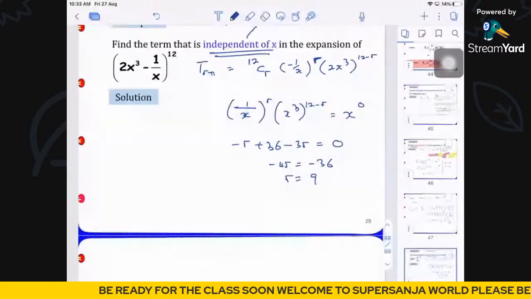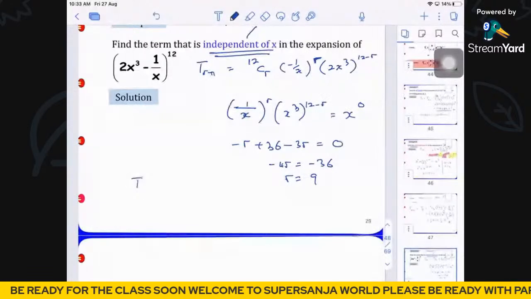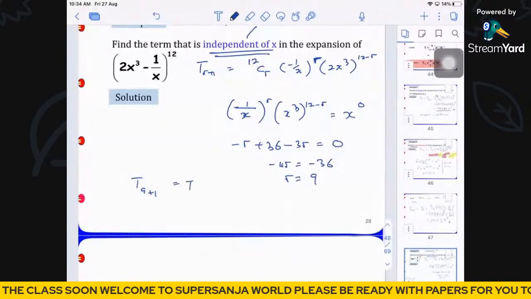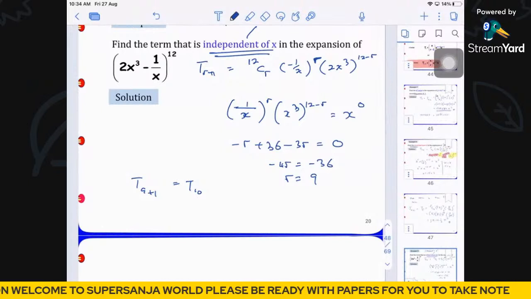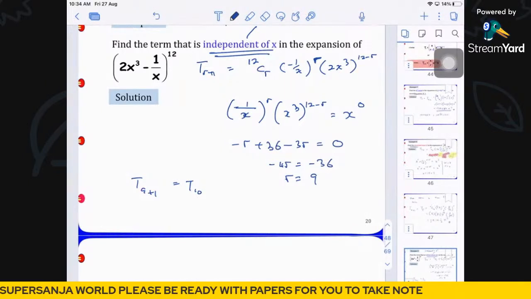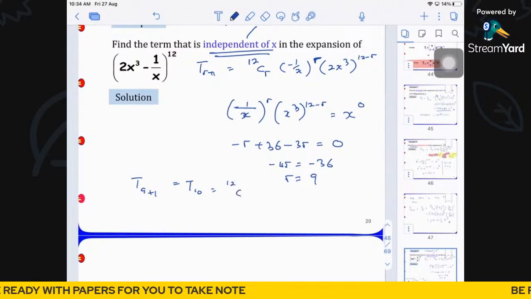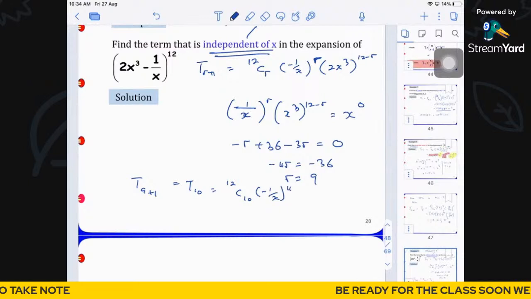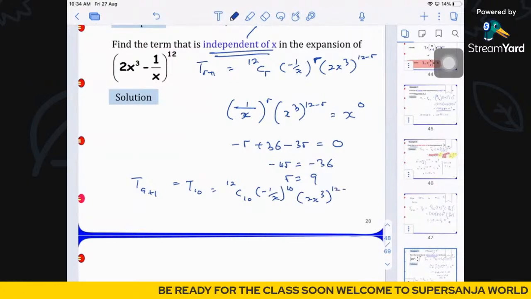So if r equals 9, this is going to be 9 plus 1, which is T10, the 10th term. The 10th term can be written as 12C10 times negative 1 over x to the power of 10 and 2x to the power of 3, 12 minus 10, which is power of 2.